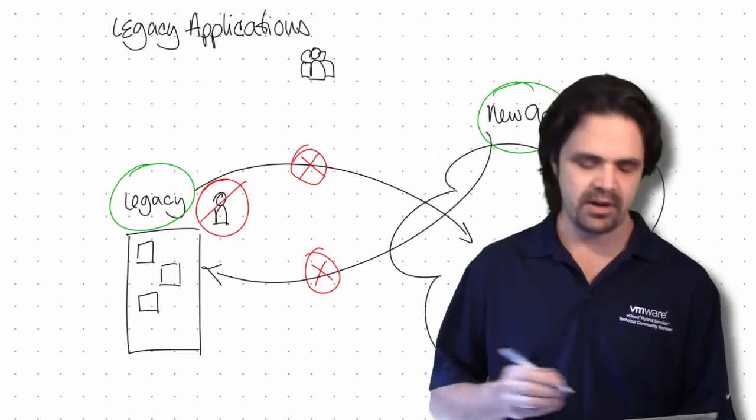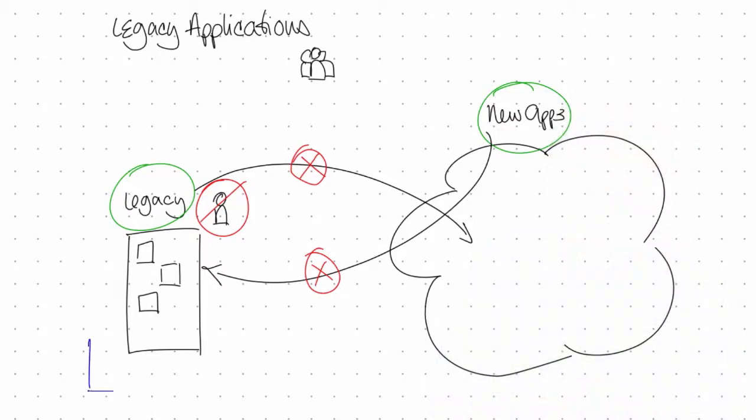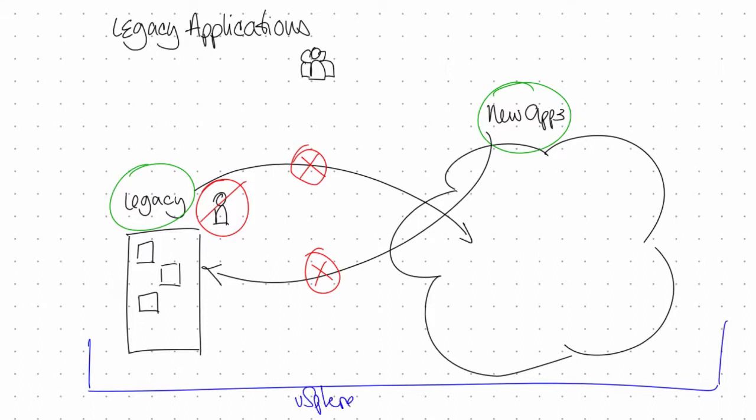But when we look at vCloud Air and vSphere, they are all based upon vSphere as an infrastructure. So whatever they have on-premise, they're also going to have off-premise and have the ability to have those workloads function equally in both formats.